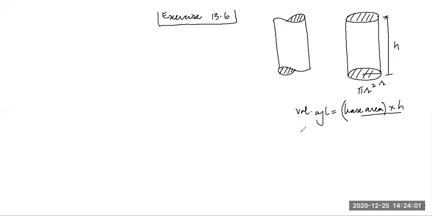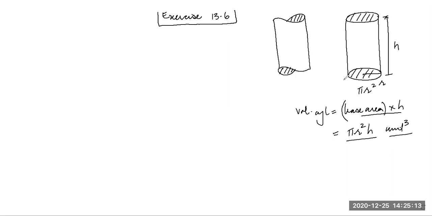Regular means the bottom and top should be the same. So the base area is pi r square and height is h. So pi r square h unit cube is the volume of the cylinder. Am I right? Very right. So students, the volume of the cylinder is base area into height.